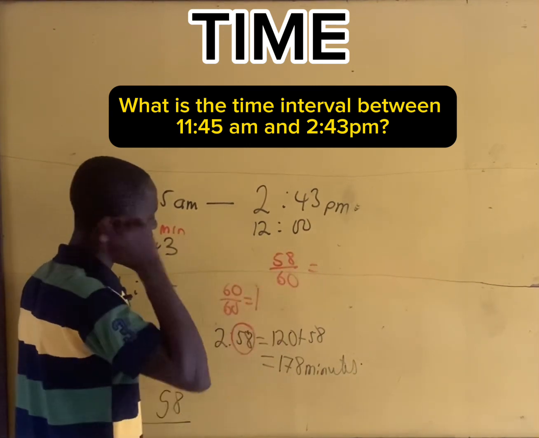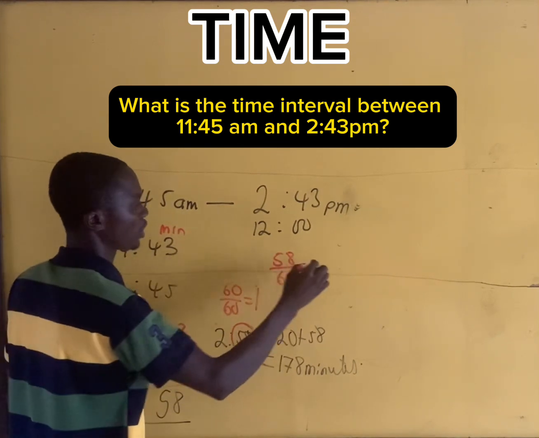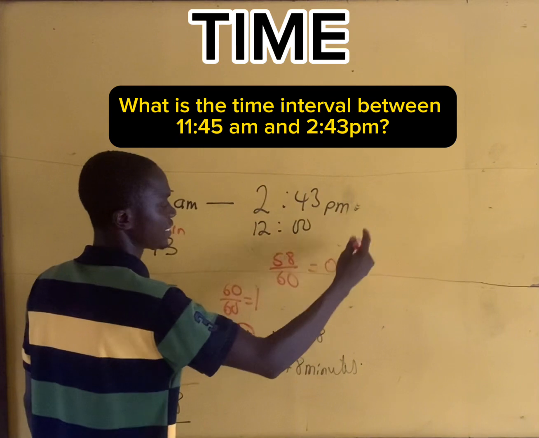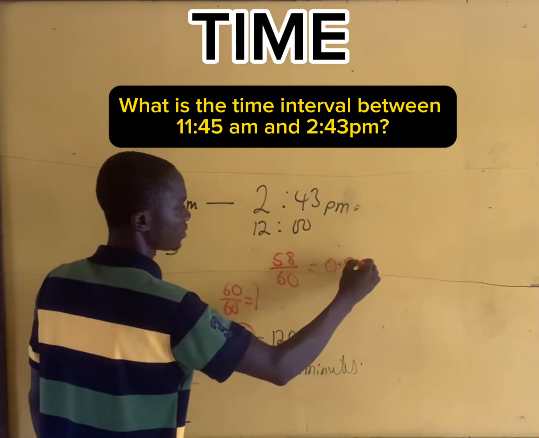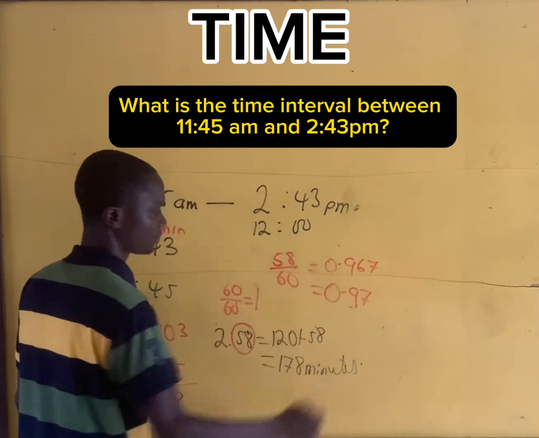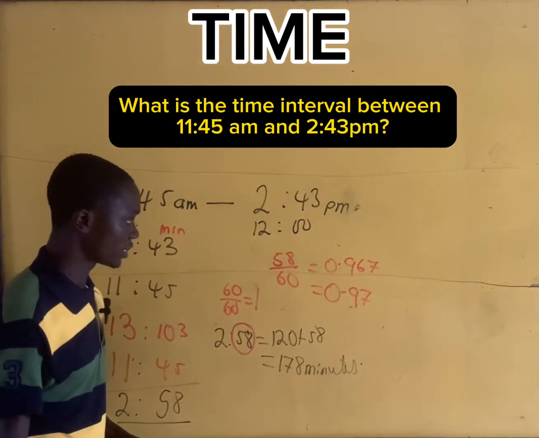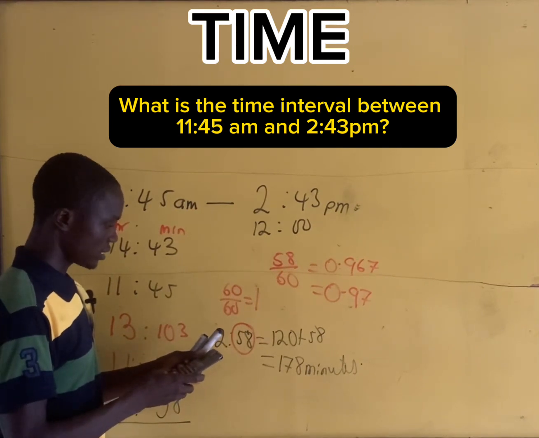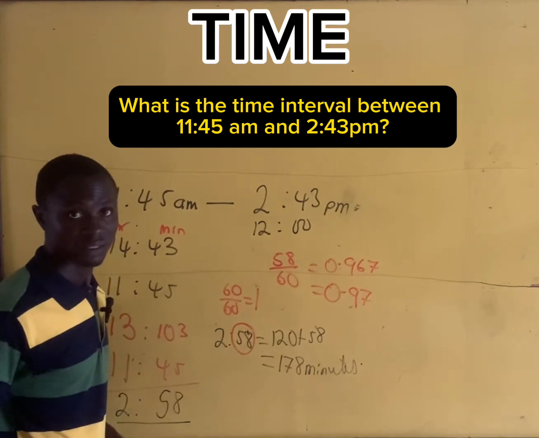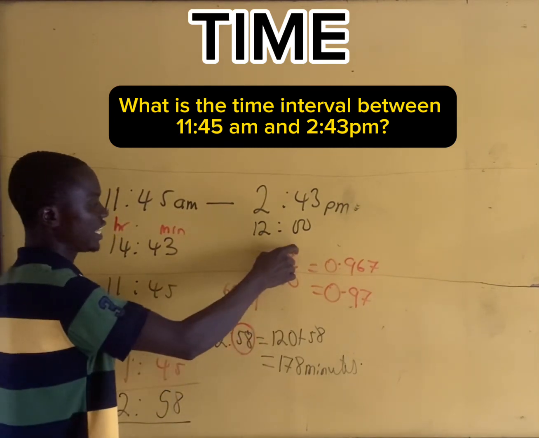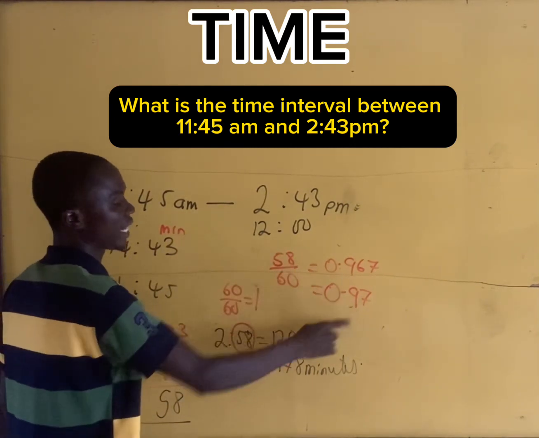Or this is simply 0.96666, so 0.967 or 0.97. Let me use the calculator to check if I've guessed it right. Yes. So 0.97.